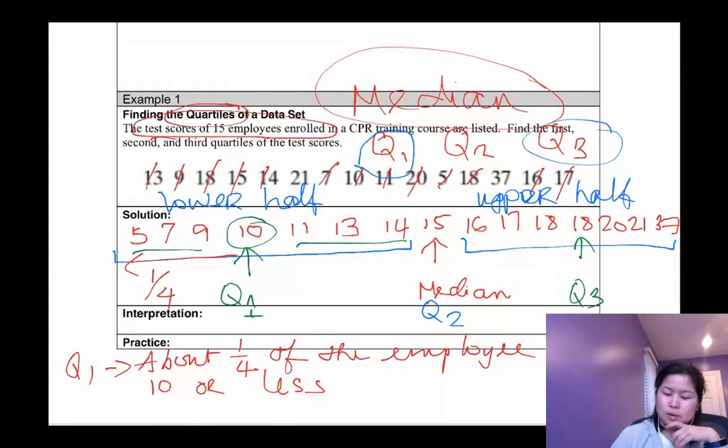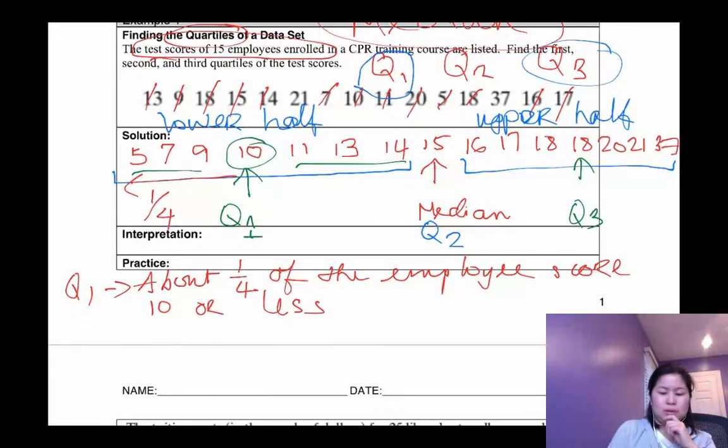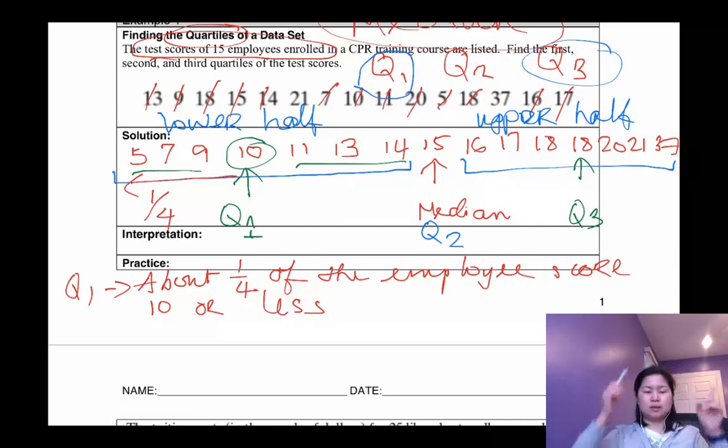When we look at this, you think about 1/4, 1/2, and so on. I'm going to use this pointer. The 10 right here, Q1, represents 1/4, because if you split your data into 4 sets, it's like 100%.